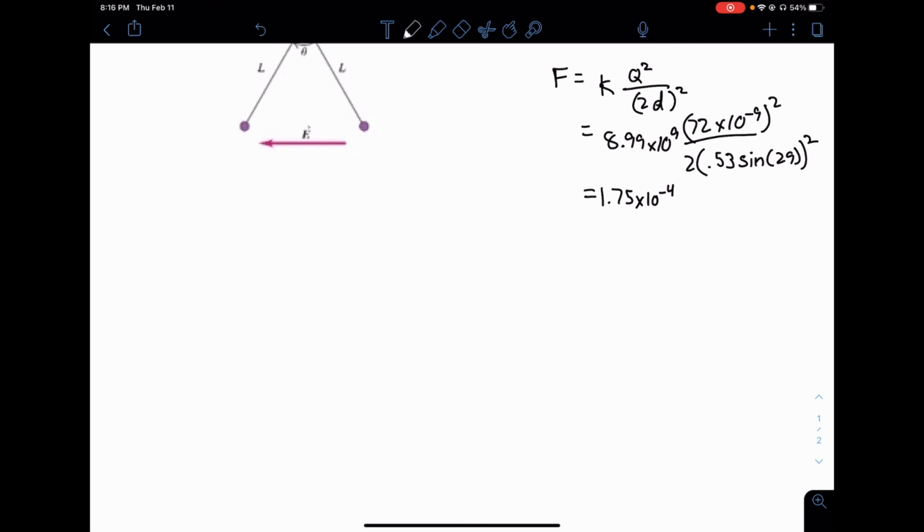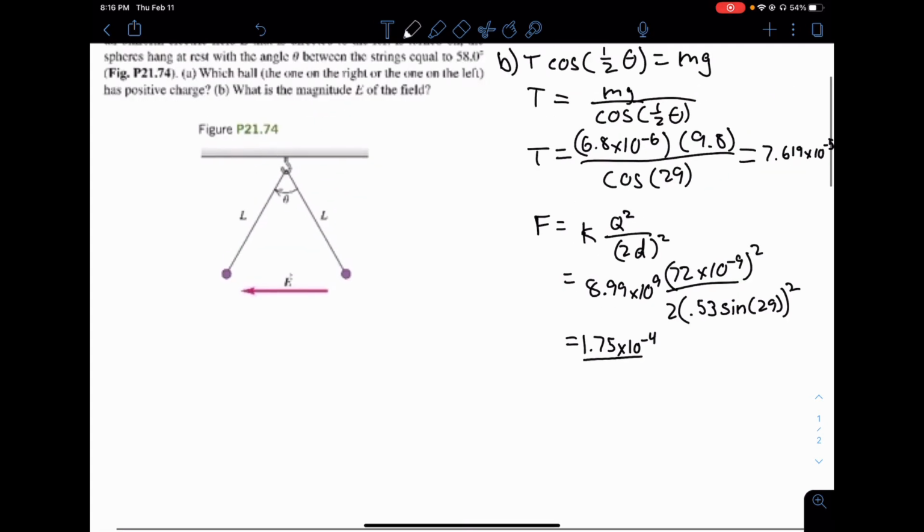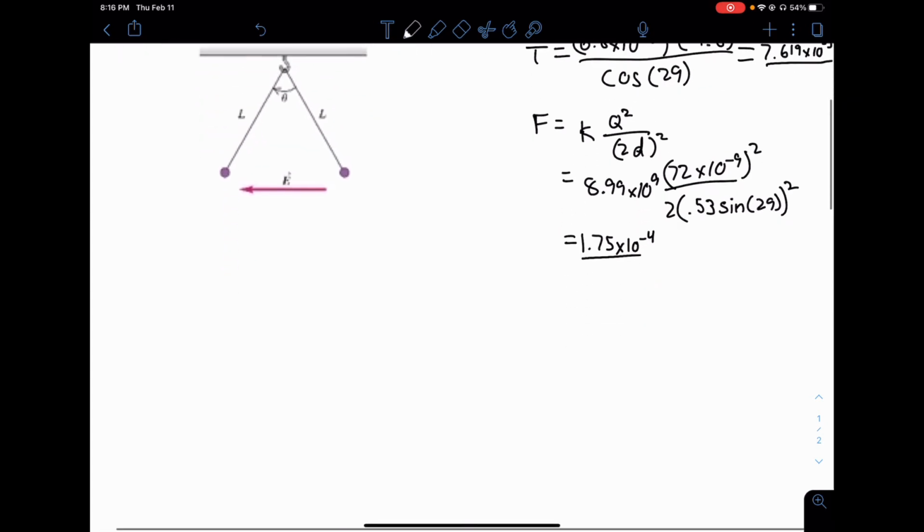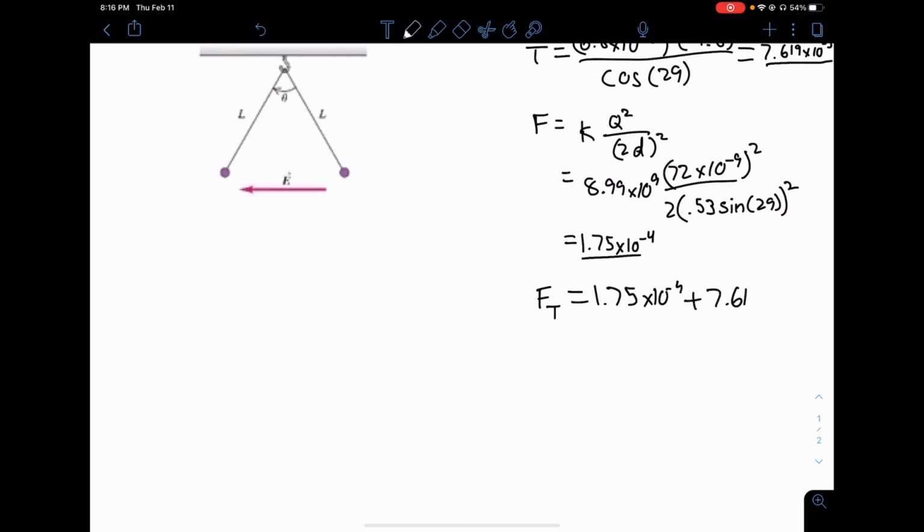So we now have both of our force values. To get the total force, we just add them up. So it'll be 1.75 times 10 to the minus 4 plus 7.619 times 10 to the minus 5, which is going to give us a total force of 2.509 times 10 to the minus 4.